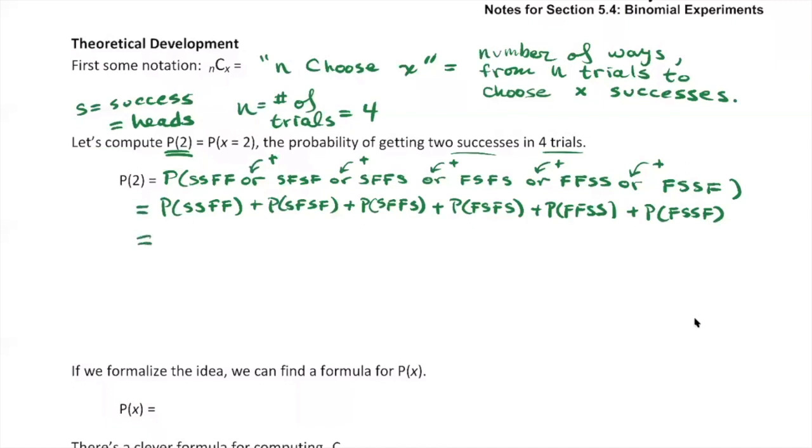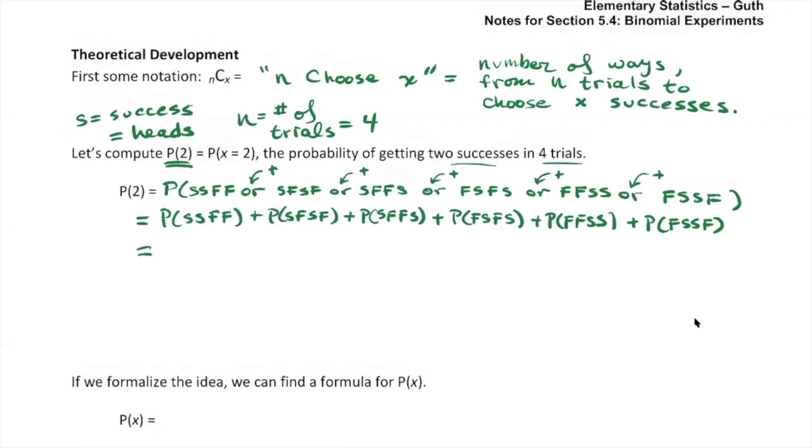Now, when we say 2 successes and 2 fails, you can multiply those probabilities. So just to remind you, little p is the probability of a success. I'm writing up above, okay? Little q is the probability of a fail.